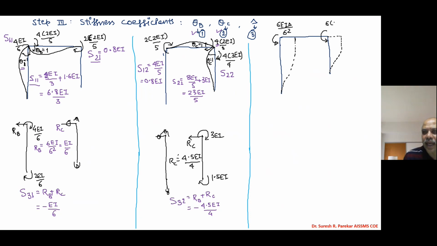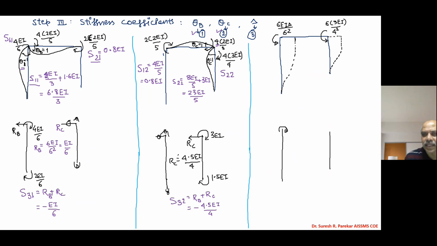Here we have 6 EI, we have 3 EI upon 4 square. Then we will have to make it separate. So we have value over here.